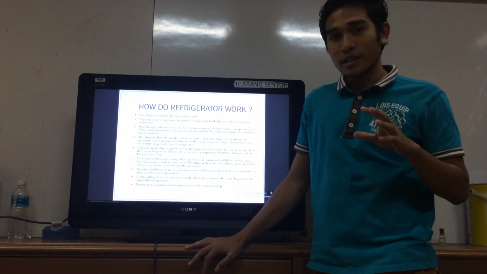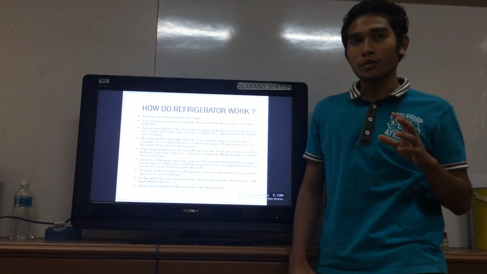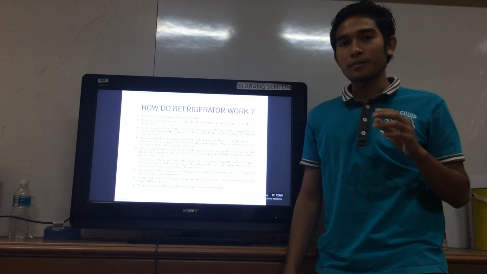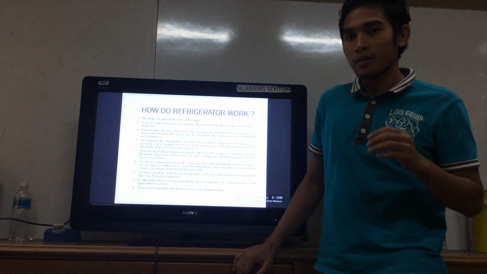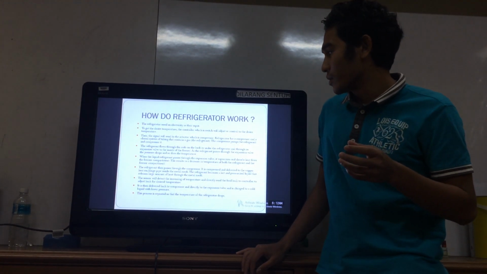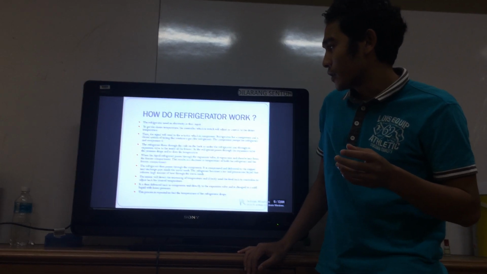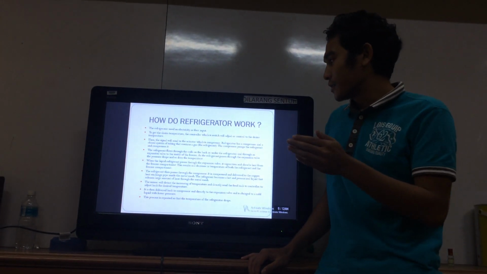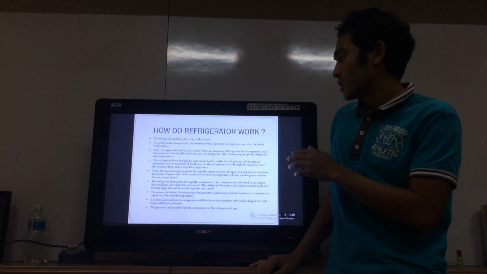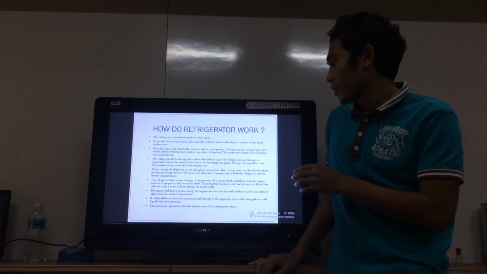From the controller, we can put in our desired temperature, and we can adjust what we want. From the controller, it will transfer to the actuator, which is the compressor.